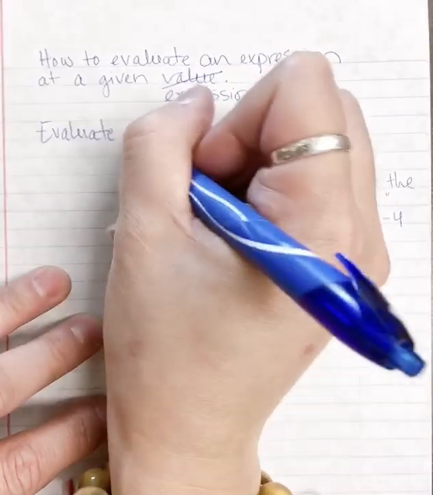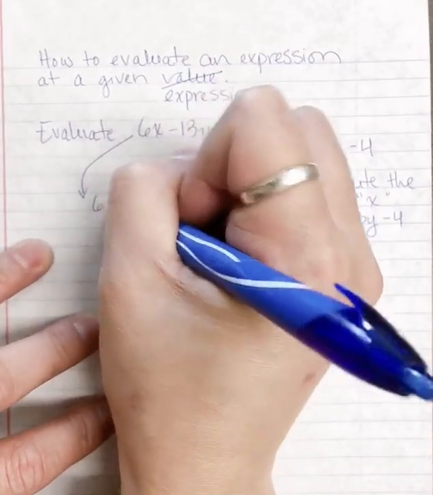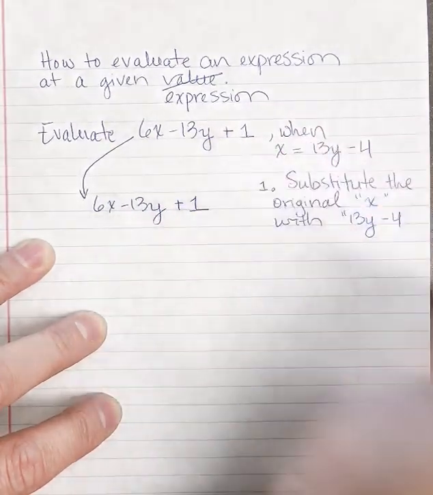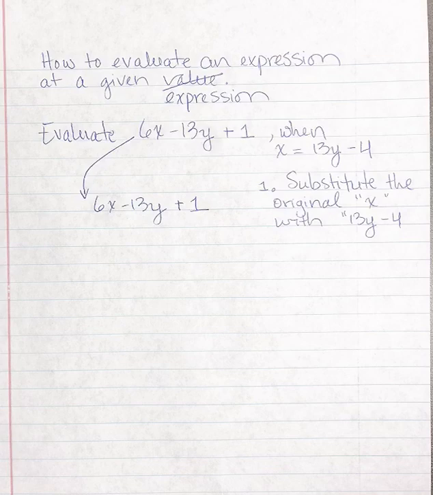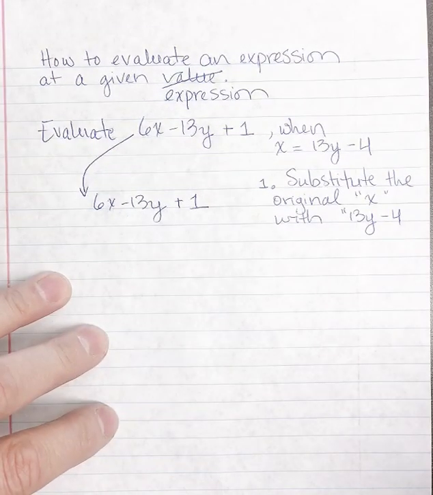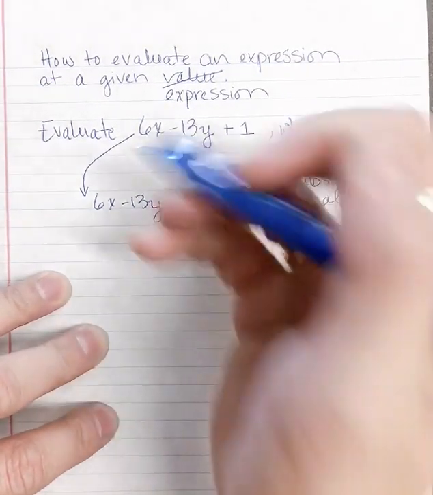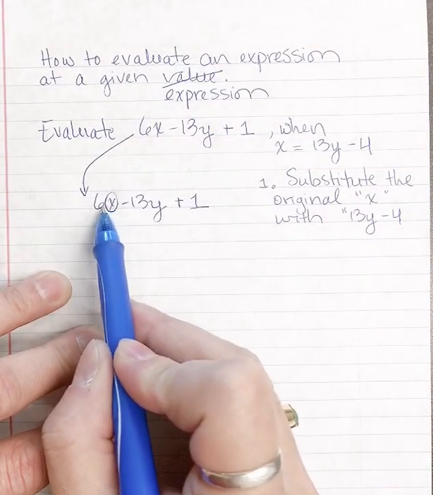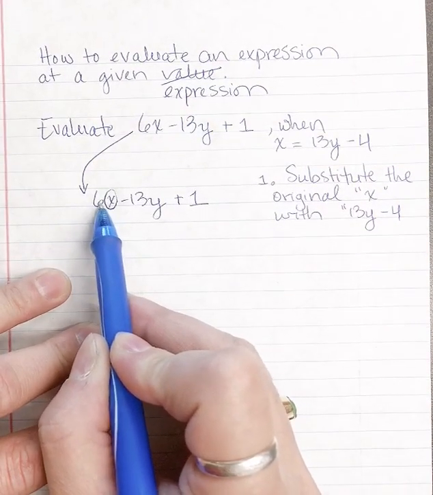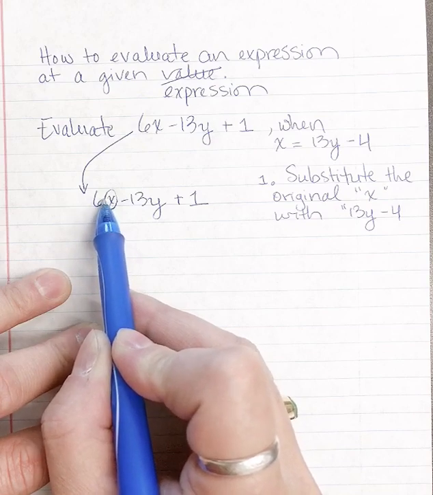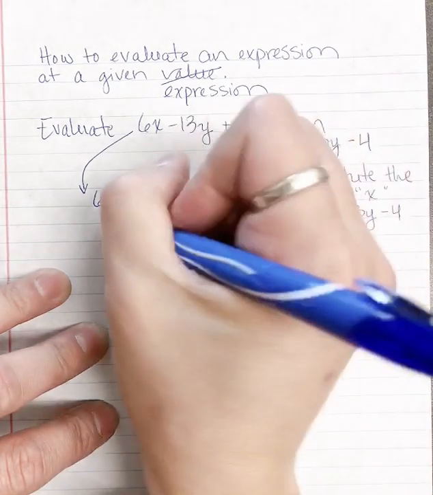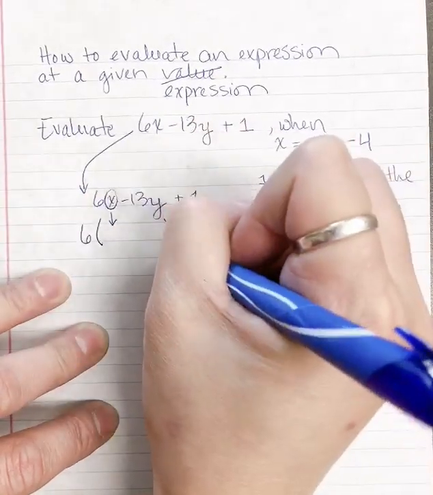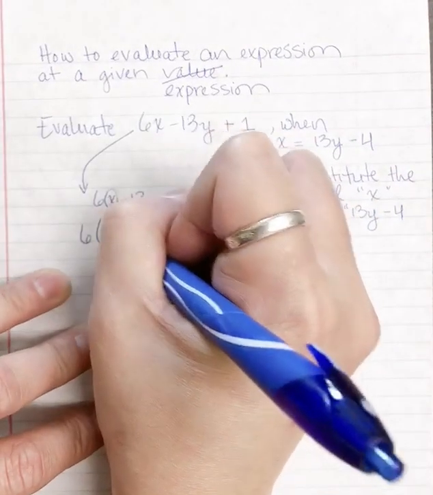So I will take my original expression, 6x minus 13y plus 1, right? And I'm going to substitute in x. So I'm going to find where x is. Okay, and then you have to know what operation this is in order to do this correctly. The original operation, 6x, means 6 times x, right? So wherever that x is, I'm going to put 6 times 13y minus 4.